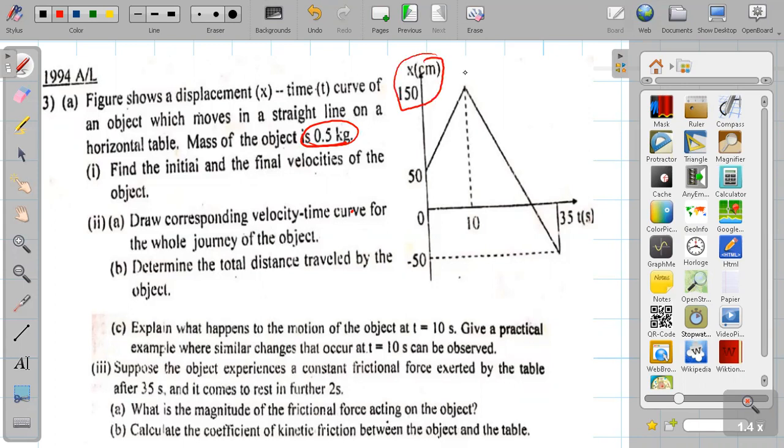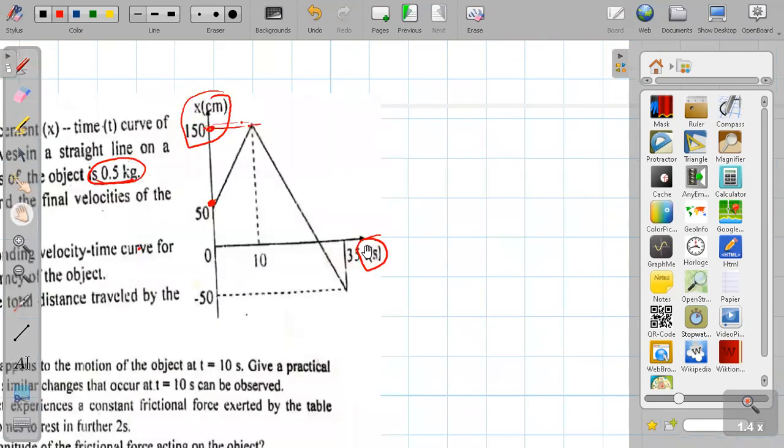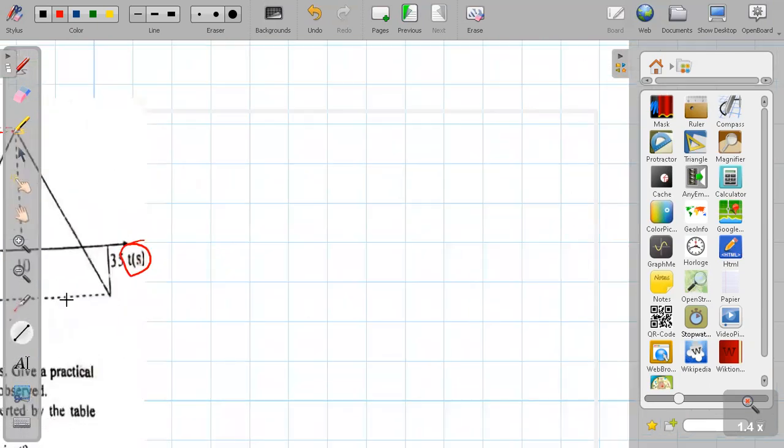Displacement is in centimeters and time in seconds. Starting displacement is, say, 50, and for the first motion the finishing displacement is 150. In a displacement time graph, the only result that can be obtained is the gradient.